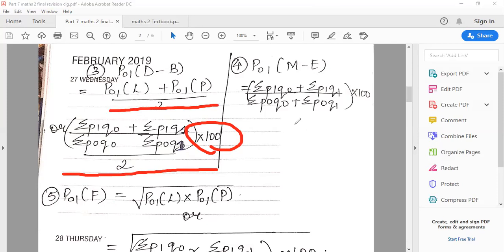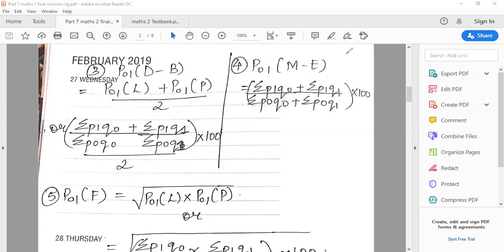Coming to Marshall Edgeworth, it was Laspeyres numerator plus Paasche numerator divided by Laspeyres denominator plus Paasche denominator into 100. So these were the formulas taken by the pair of brothers for their calculation, kind of similar, only one single plus over here.